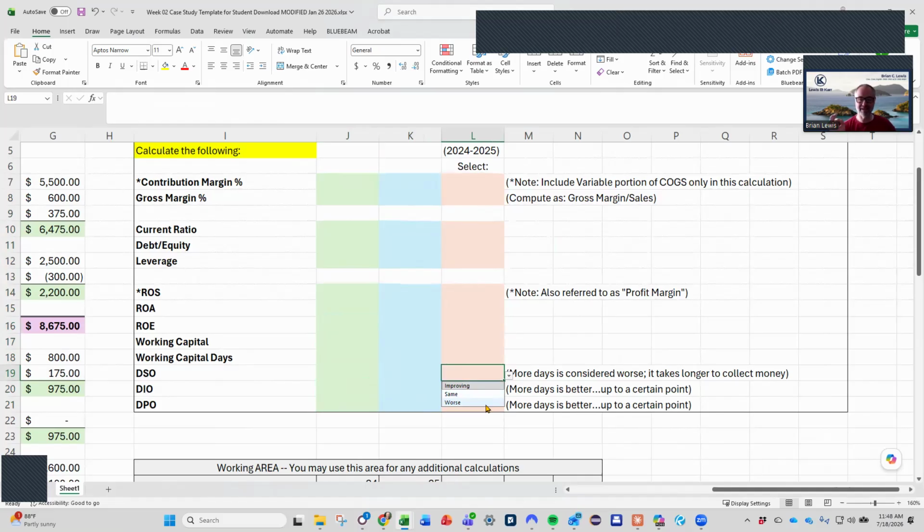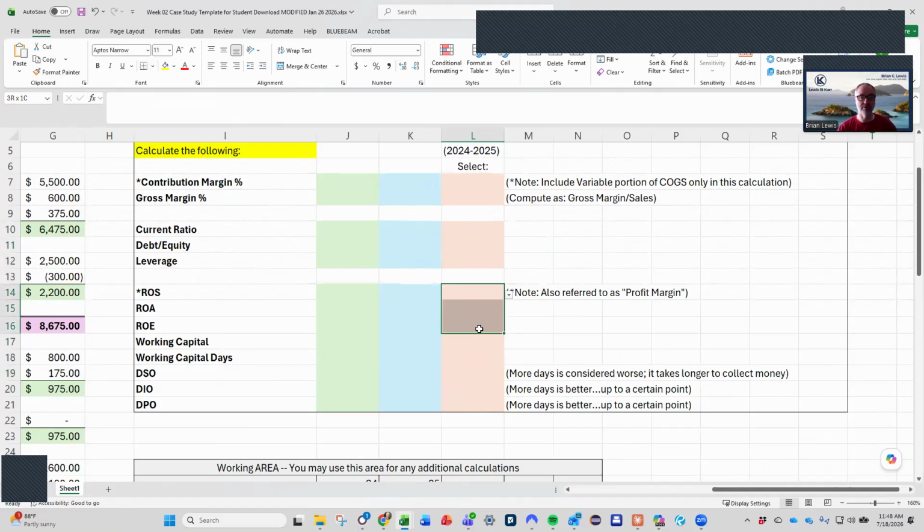Typically, unless they're exactly the same number, right, it's either improving or worse. And that you should be able to find out pretty easily by reading the text on what is better or worse.